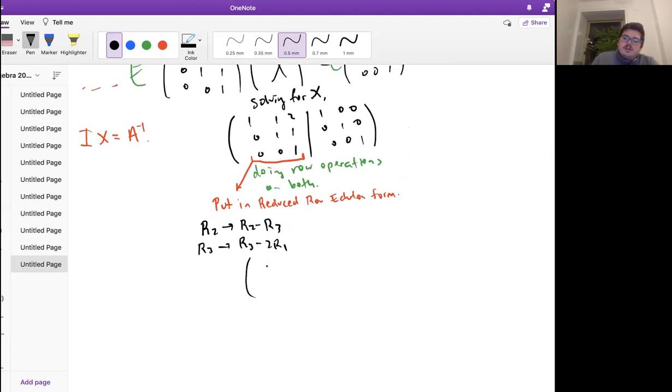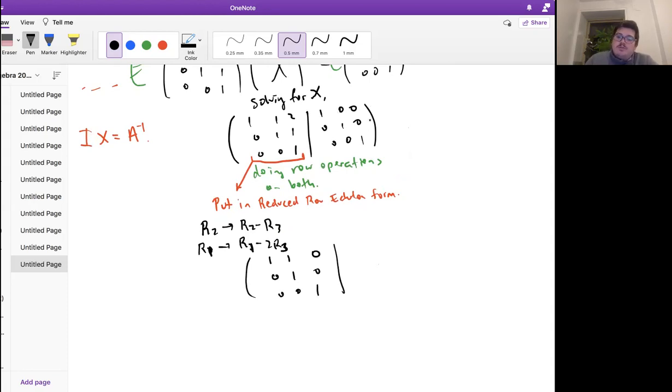Okay, so let's look at the result. So I have 1, 1, 0. Oh, sorry, I'm changing row 1 into row 1 minus 2 row 3. 0, 1, 0, 0, 0, 1. And now let's do the same thing on the right hand side.